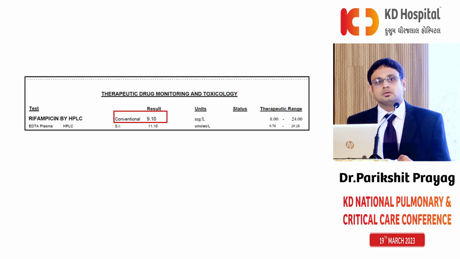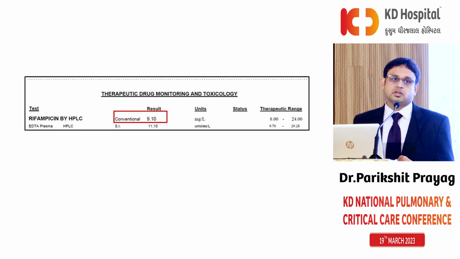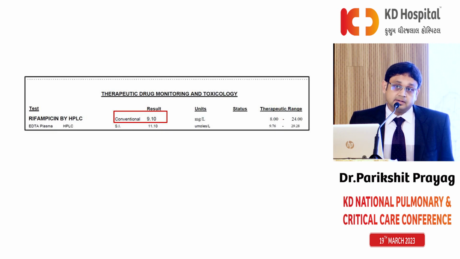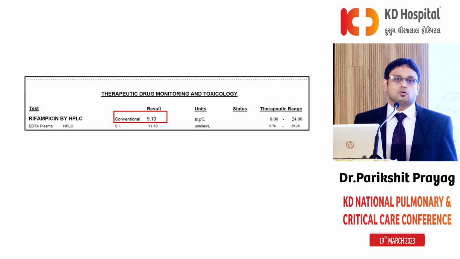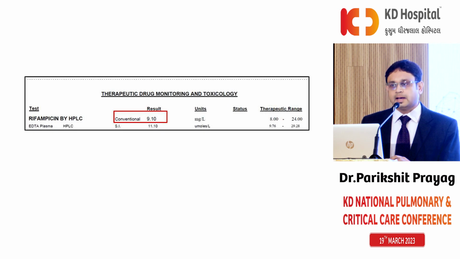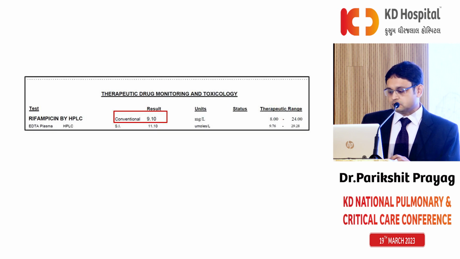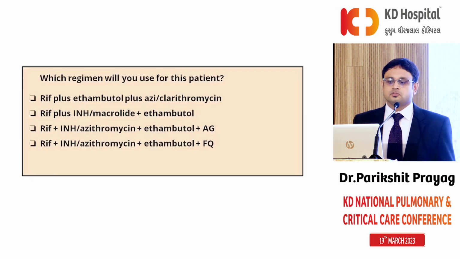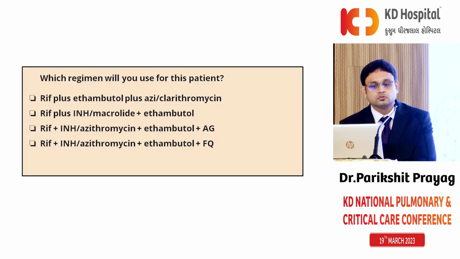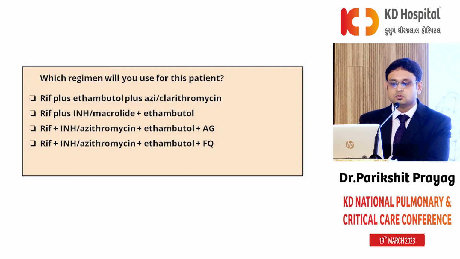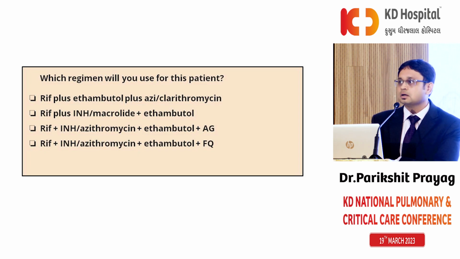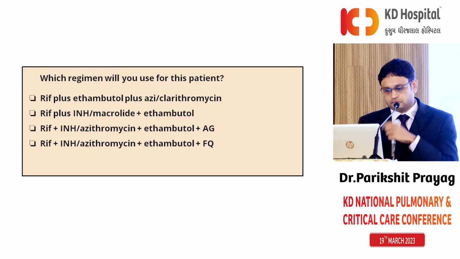The rifampicin levels were in the normal range, although exact PD targets for non-tubercular mycobacteria are not as well studied as for tubercular processes, but his rifampicin levels were decent. So now what regimen would you use for this patient? This is a patient who is on rifampicin plus ethambutol plus azithromycin and is showing true signs of dissemination. This is not inflammatory worsening, and drug levels are normal or decent.